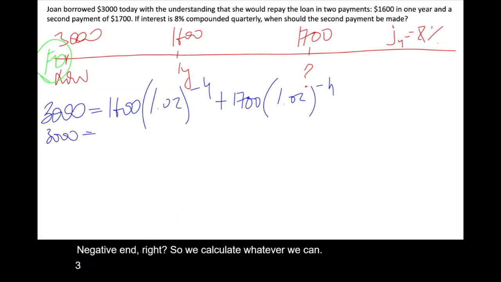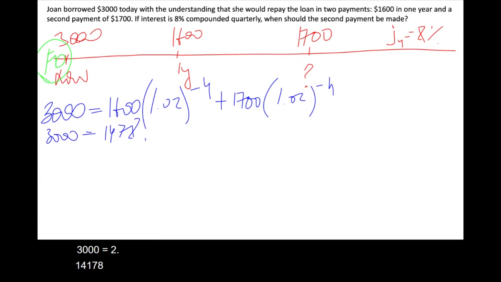$3,000 equals $1,478.15 plus 1,700, 1.02 negative n.